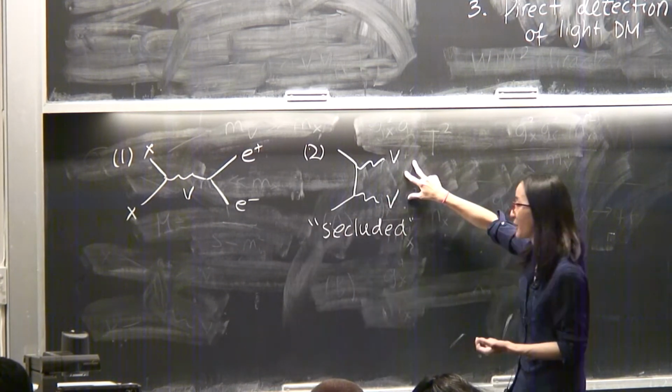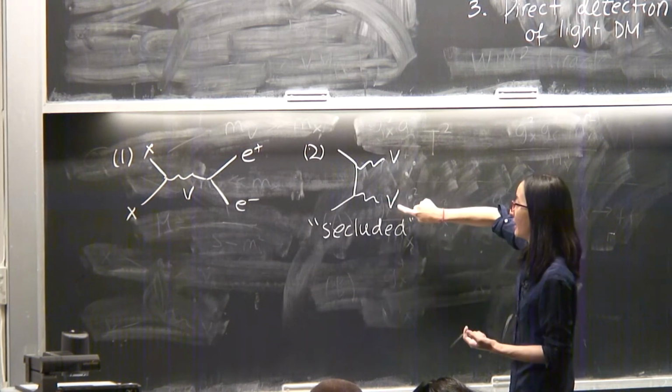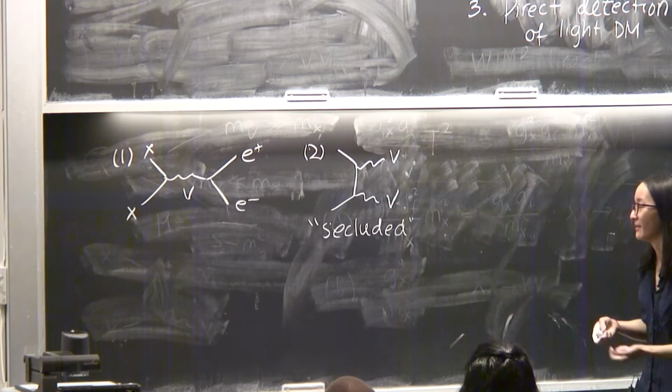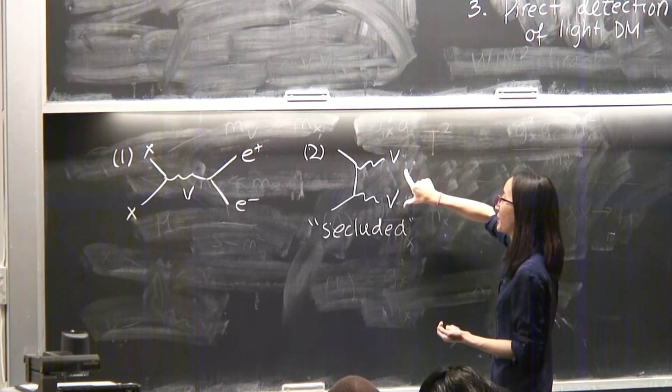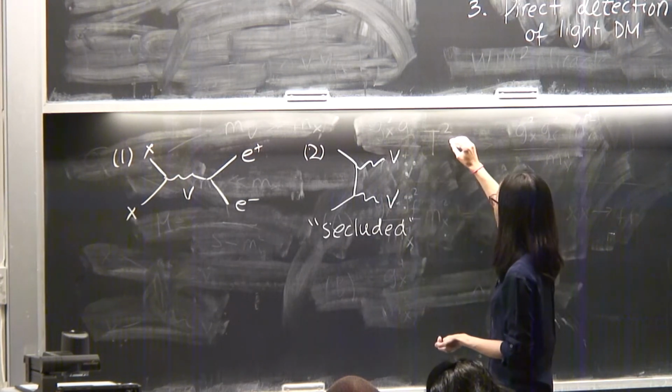So this process sets the relic abundance, and I do need to do something about these mediators such that they go away and don't affect the cosmology at late times. That introduces a standard model coupling, potentially.